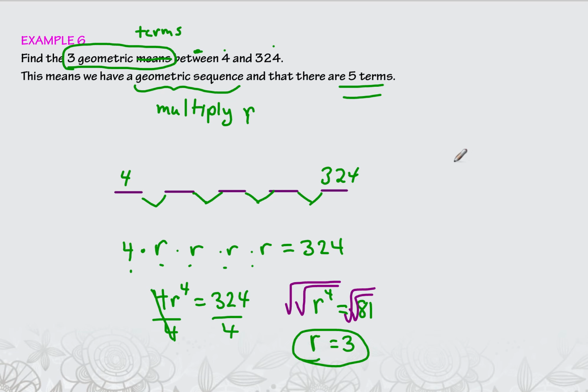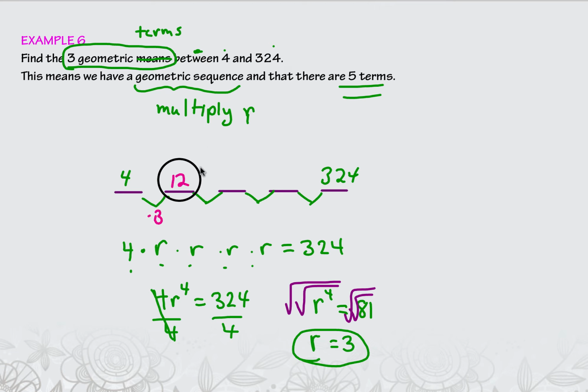Hey, but we're not done, because the problem said find these 3 little rascally terms in the middle here. All right, so that first term, the second term actually, that would go right here. It's very simple now. 4 times 3, so this is 12.